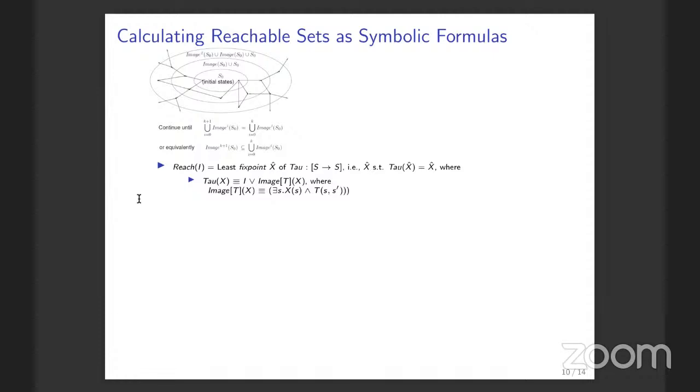Okay, and we noticed that this could be done using what is traditionally called just reachability analysis, which consists of just accumulating all the states that are reachable from any one of the initial states in 0 or more steps.